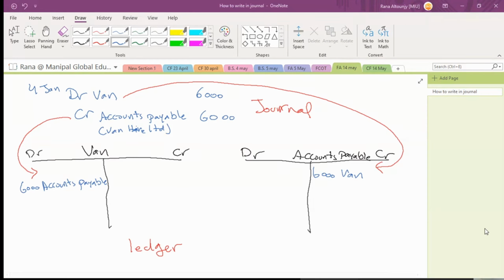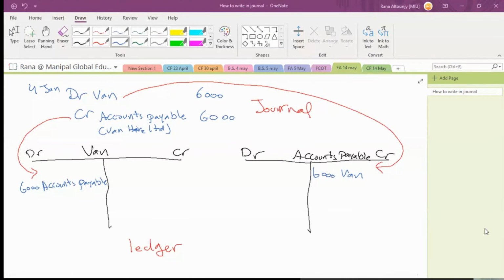The ledger, if you open a ledger book, you will see each one or two pages has a separate account. So here when we are writing, we are putting them together because we need to follow the transactions. But normally we do the whole set of transactions in the journal, then at the end, we open the T account of each account and we transfer to the ledger.